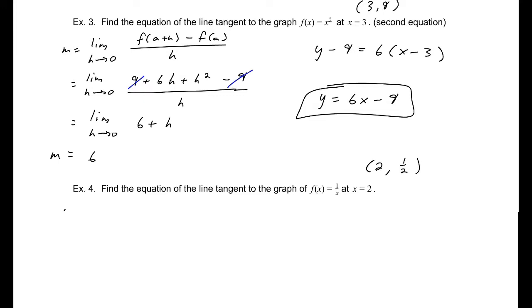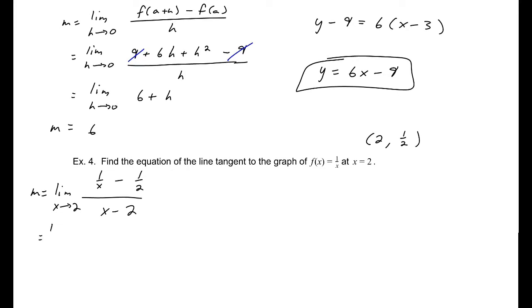So slope is f of x minus f of a over x minus a. Okay, so f of x is 1 over x, f of a is 1/2, divided by x minus a. Now I need to make a note here: the limit as x approaches 2. Well, this is a complex fraction, so we'll go ahead and clear that by multiplying by 2x.